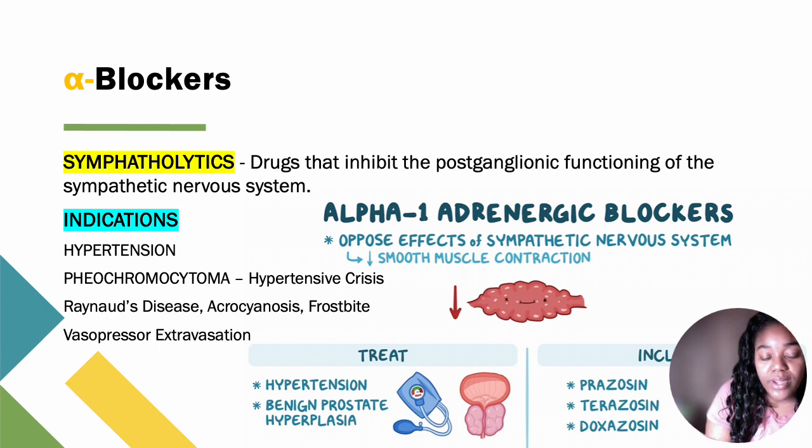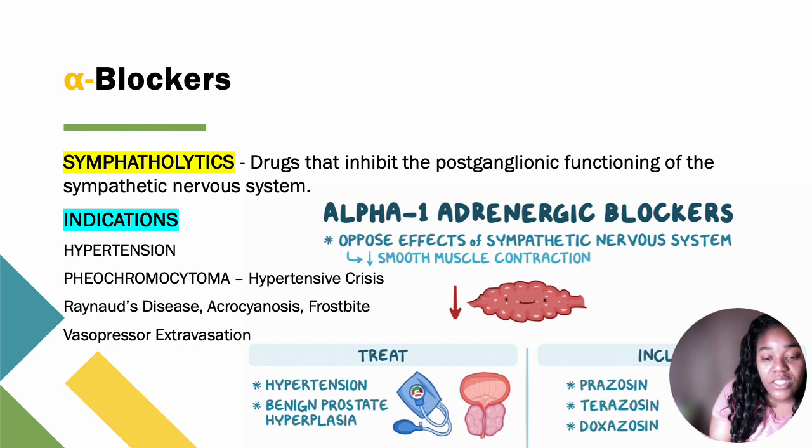So vasopressors normally cause extravasation if they're not in the vein appropriately, and that's an injury to the site where the vein is, on the inside and the outside of that vein. So giving a blocker inhibits the action of the drug, which ultimately produces an antidote for that extravasation.